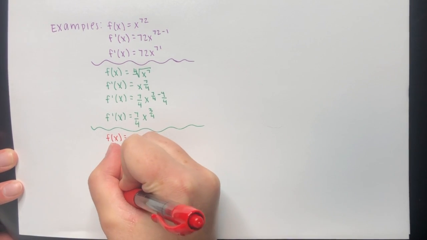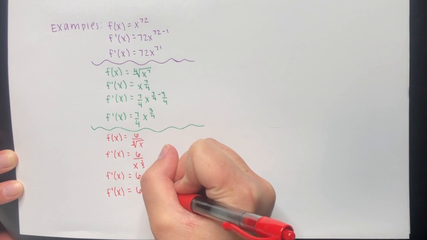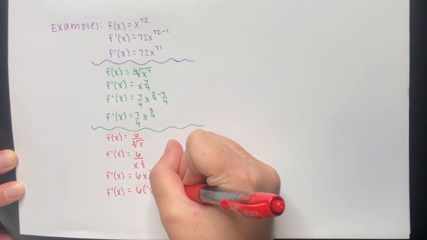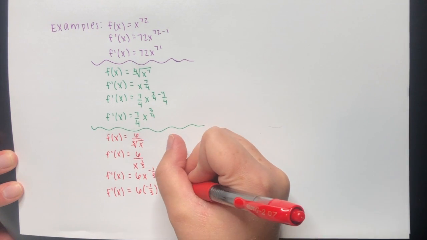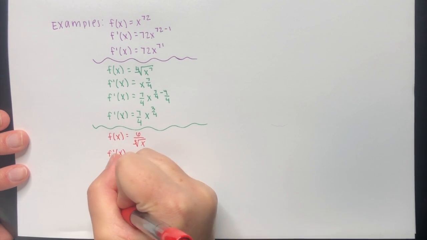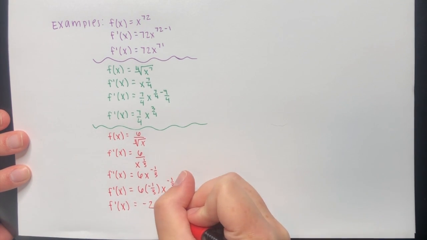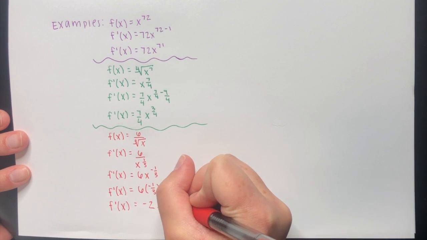So f prime of x is equal to 6 times negative 1/3 x to the negative 1/3 minus 1, or in this case, to make it easier, we're going to do 3 over 3. Now let's simplify further. f prime of x is equal to negative 2x, since 6 times negative 1/3 is negative 2, and then negative 1/3 minus 1 is equal to negative 4/3.